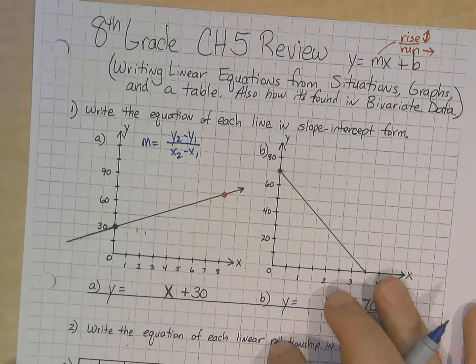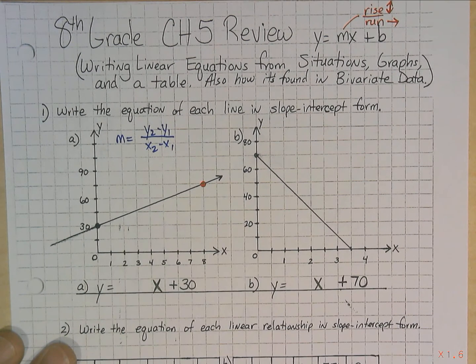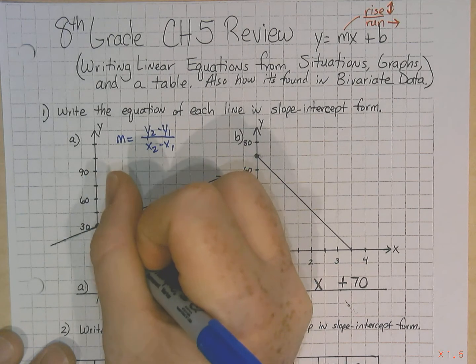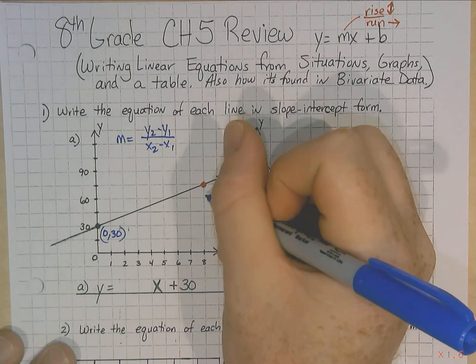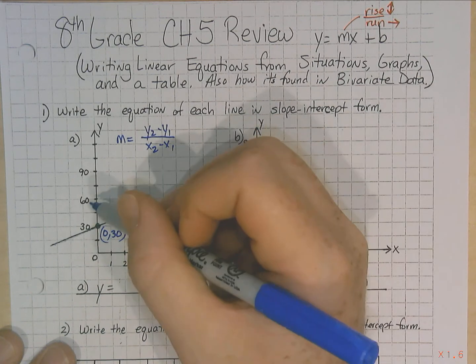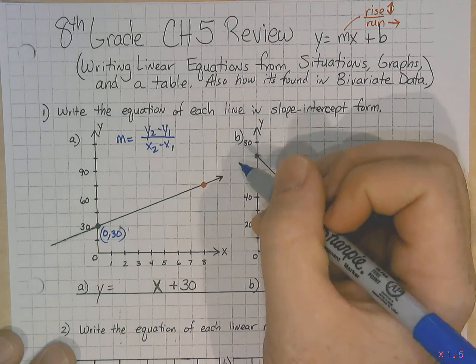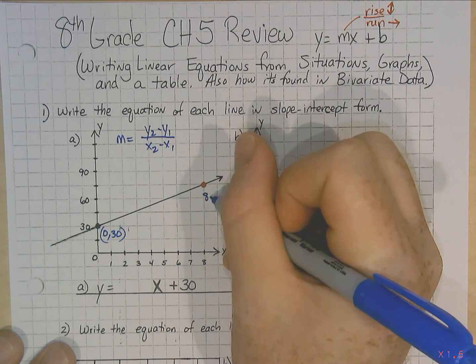You can do that. There's absolutely nothing wrong with doing that here. If you wanted to, this would be 0, 30. This one is 8, and this goes up by 15, so this is going to be 75. So this is 8, 75.